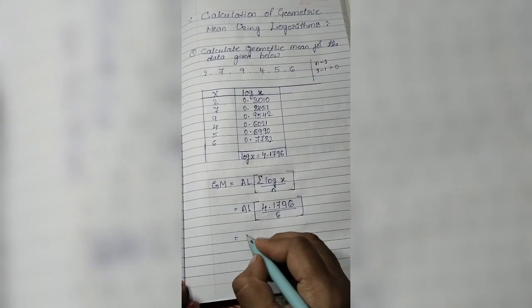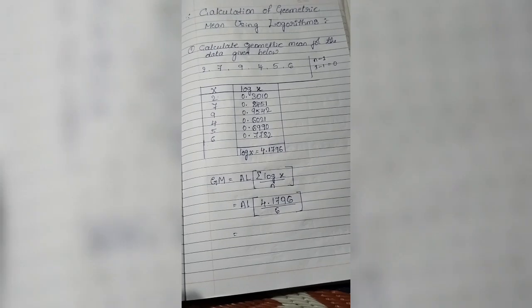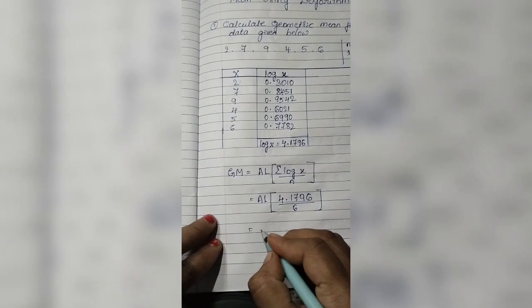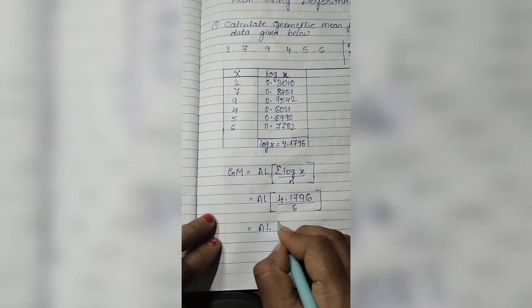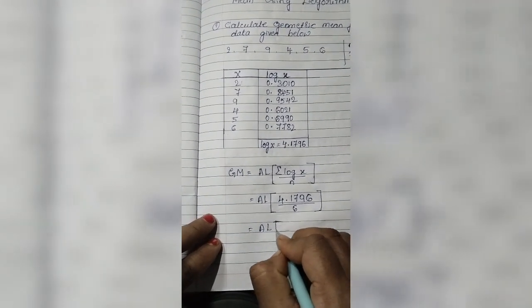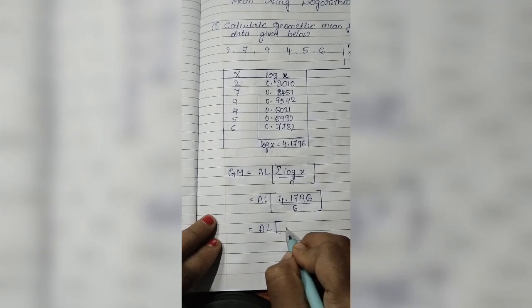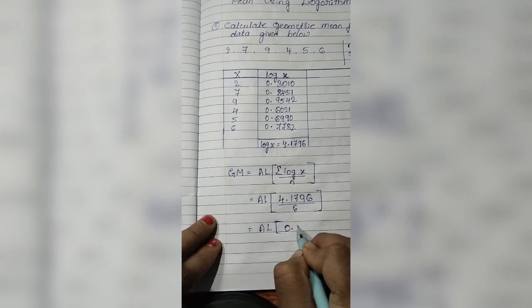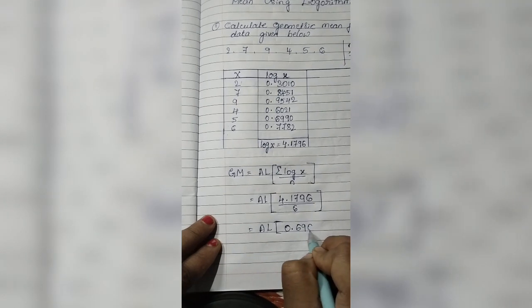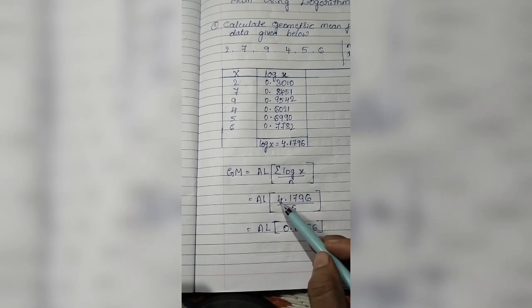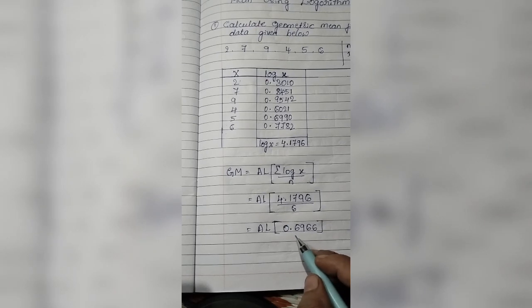Next, AL of 4.1796 divided by 6. After dividing 4.1796 by 6, you will get the value 0.6966.